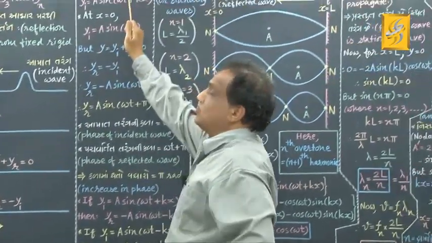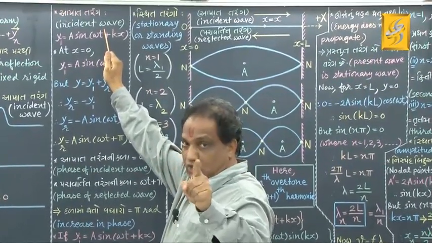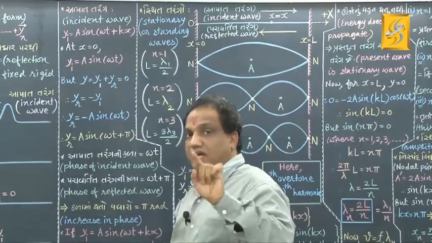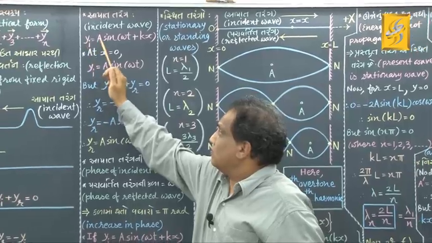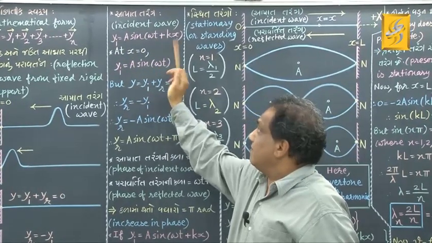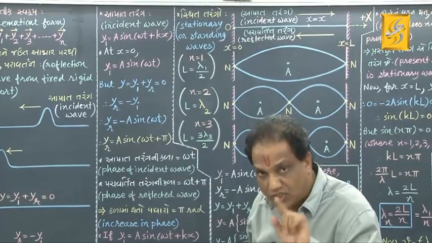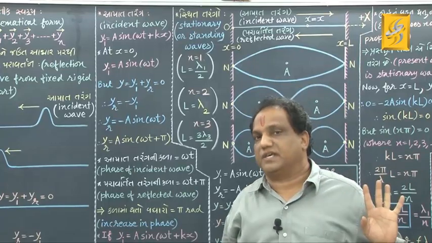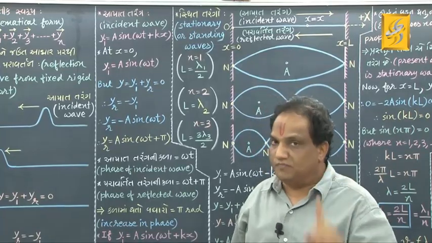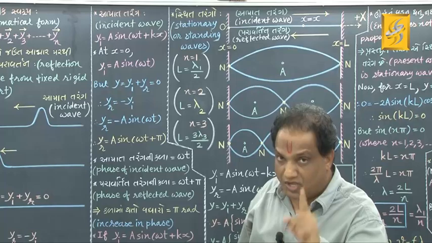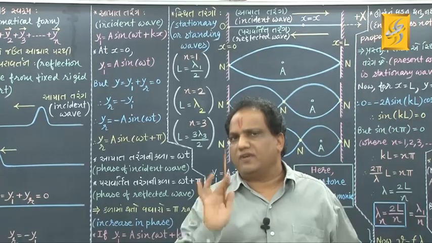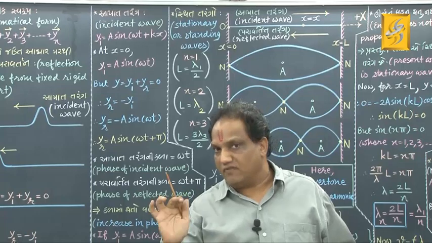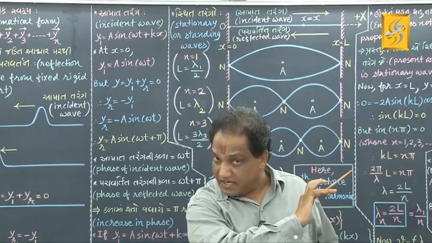The incident wave propagates towards the negative x-axis, and so the equation representing the incident wave would be yi equals a sine(omega t plus kx). Last time I told you, if a progressive harmonic wave propagates along the positive x-axis, then the equation for that was y equals a sine(omega t minus kx).